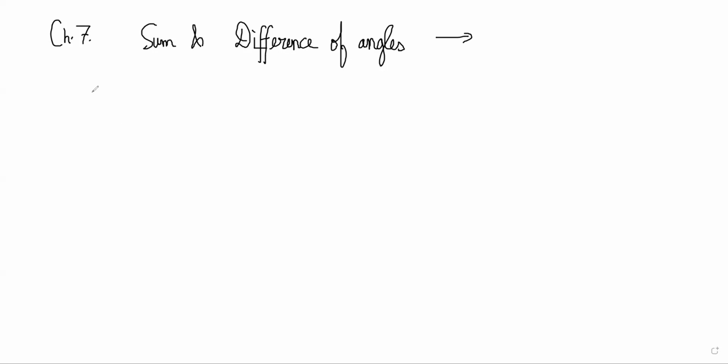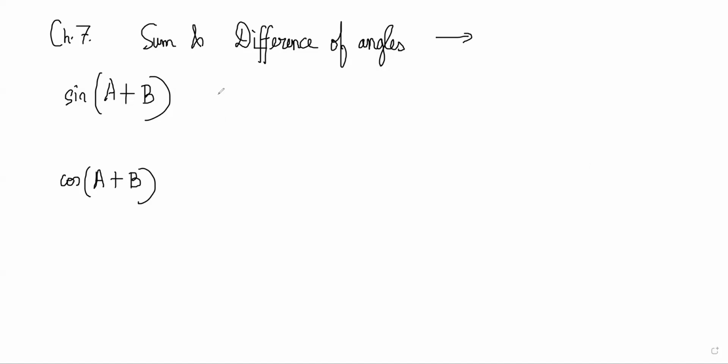So the idea is that I want to find out what is sine of a plus b, in terms of sine a cos b, sine b cos a, and things like that. And similarly, I want to find cos of a plus b, right? Yes, sir.